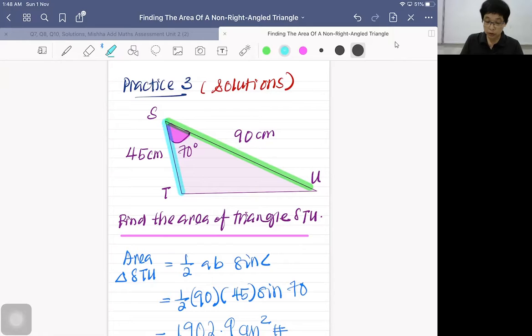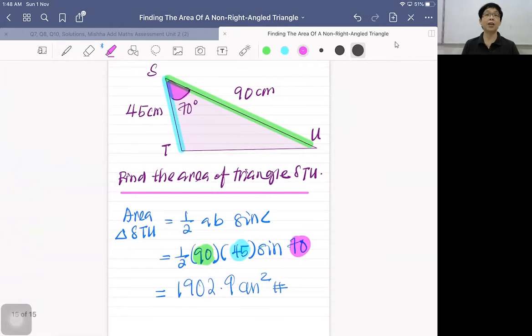And here we go, just with a few strokes of substitution. A, B, so your 90, just put in here your 90 as A, and then your B, and then finally your angle, the angle that was sandwiched in between the two sides. And with a few punches on the calculator again, I'm sure you arrive at the answer without much difficulty.